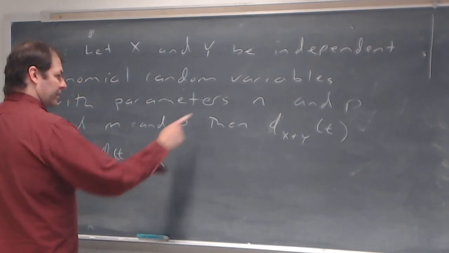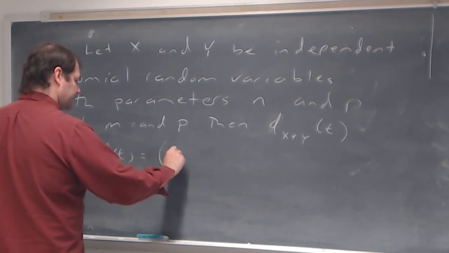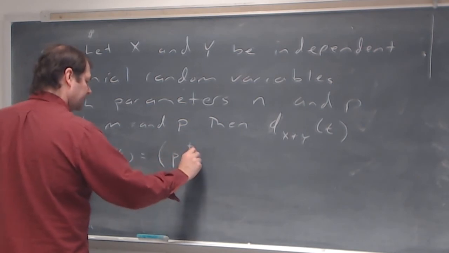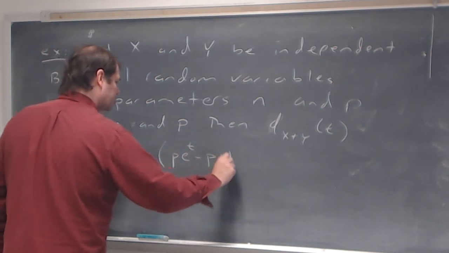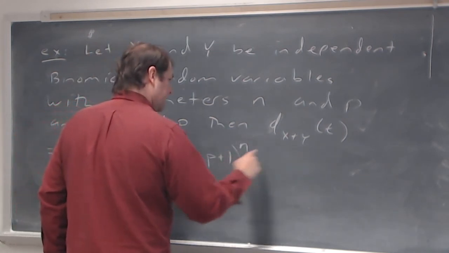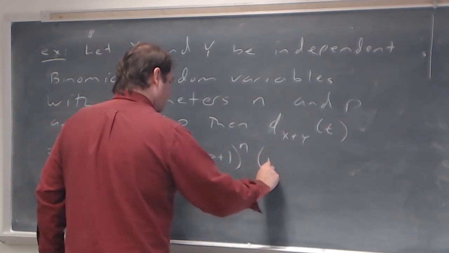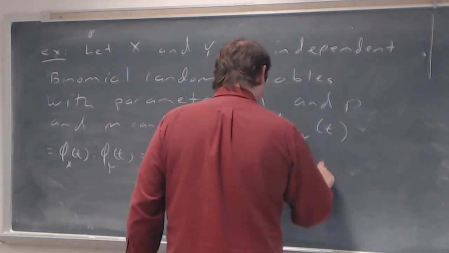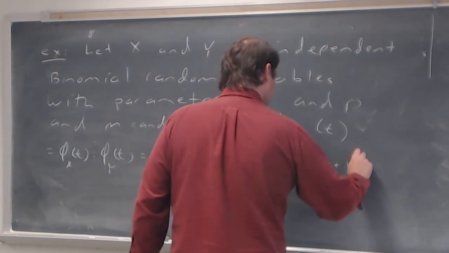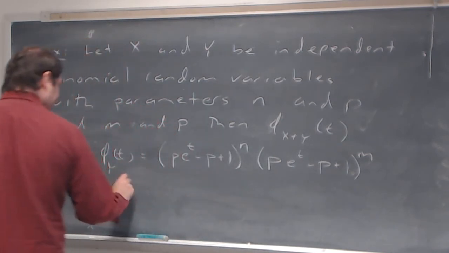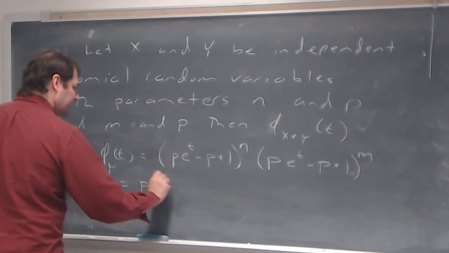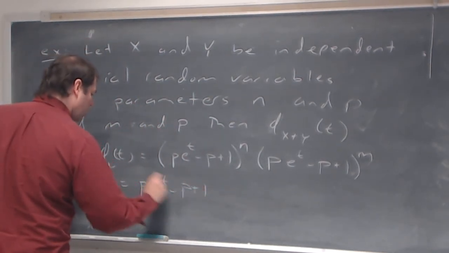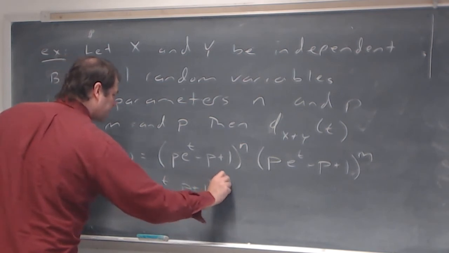This one has n, so it was p times e to the t minus p plus 1, to the n. And the moment generating function for Y is p times e to the t minus p plus 1, to the m. And that's equal to p times e to the t minus p plus 1, raised to the n plus m.